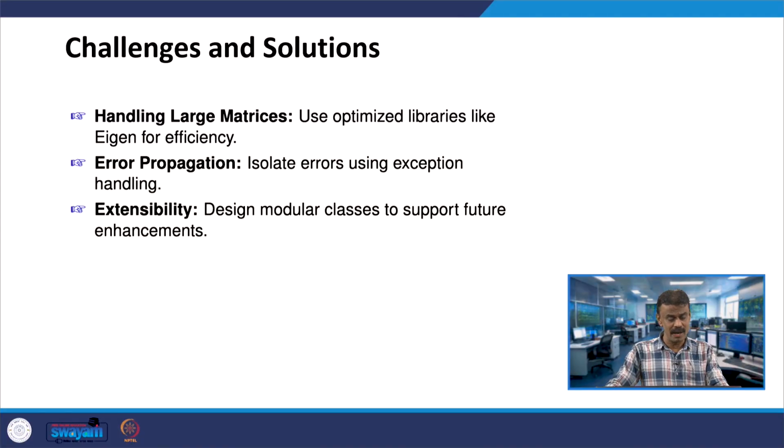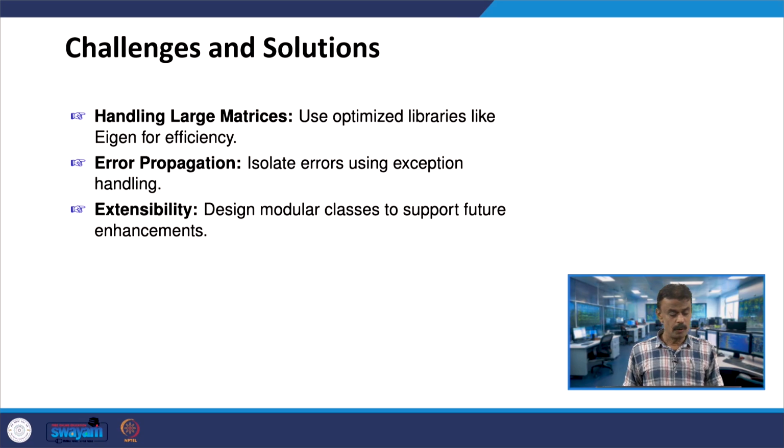The main challenges you may face are, first, handling large matrices. Suppose you have a 3000 by 3000 matrix and have to do the multiplication. Now you have to think about optimized code, or you can take a library, for example for eigenvalue and eigenvector computation. One has to be very careful with large matrices.